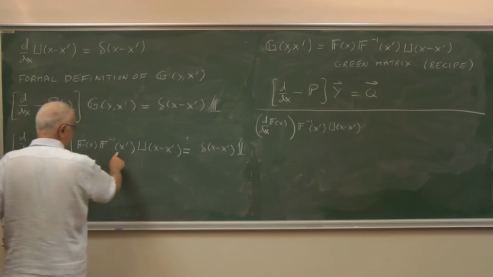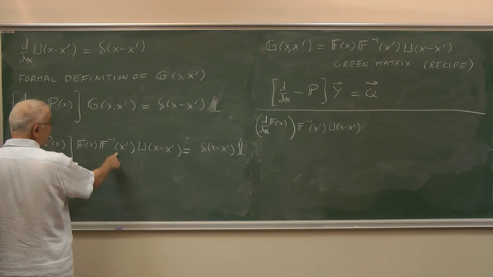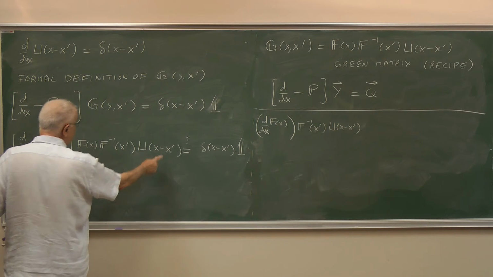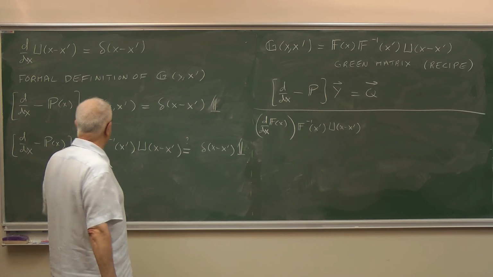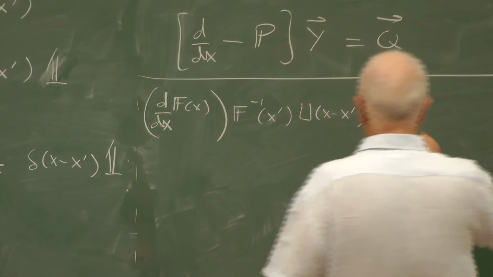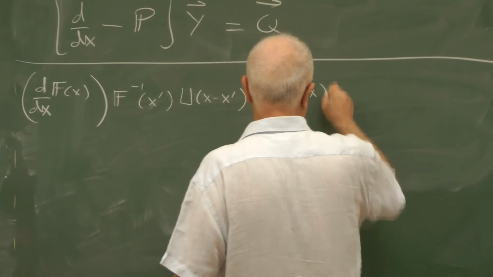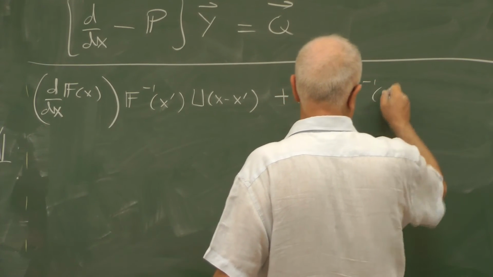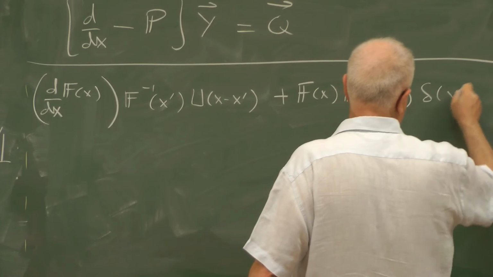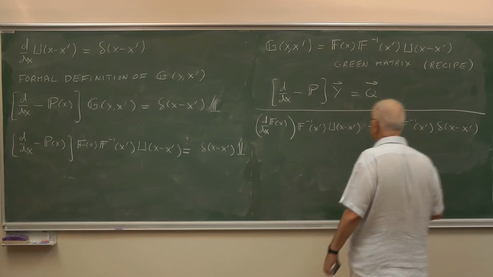Derivative of first times second times third. Second does not contribute because it doesn't have any x in it. This one gives me just the delta function. So this is plus F of x F inverse of x prime delta of x minus x prime.